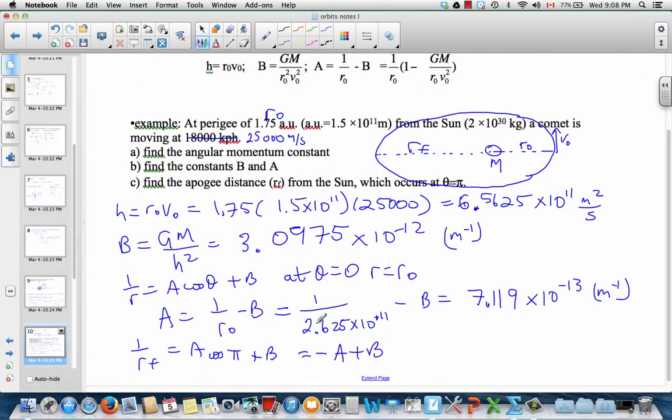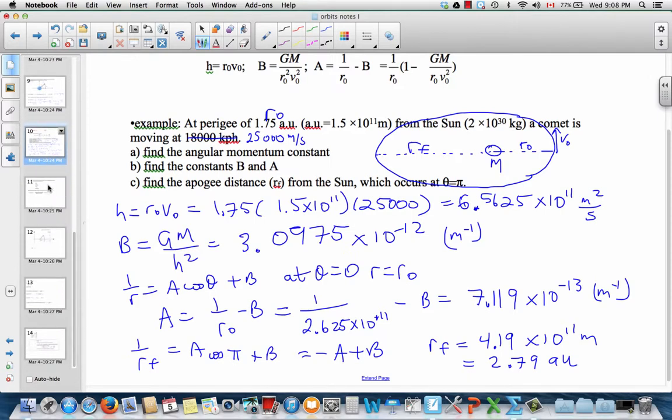So I just take negative of the A constant, add the B constant, and then do the reciprocal. And I can get the furthest distance from the sun. Works out to 4.19 times 10 to the 11 meters. If you divide by an astronomical unit, you can see it's a bit more than 2. It's almost 3. It's 2.79 AUs.